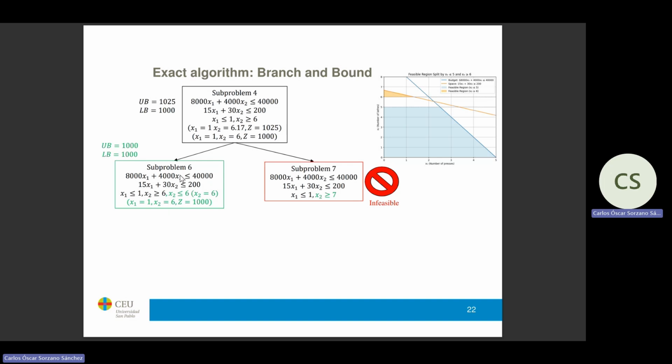And this one that we have to solve, the solution is this one, 1, 6, and now everything is an integer. We have found an integer solution. The value here is 1,000, and then we update our upper and lower bounds both to be 1,000, and that is the final solution.